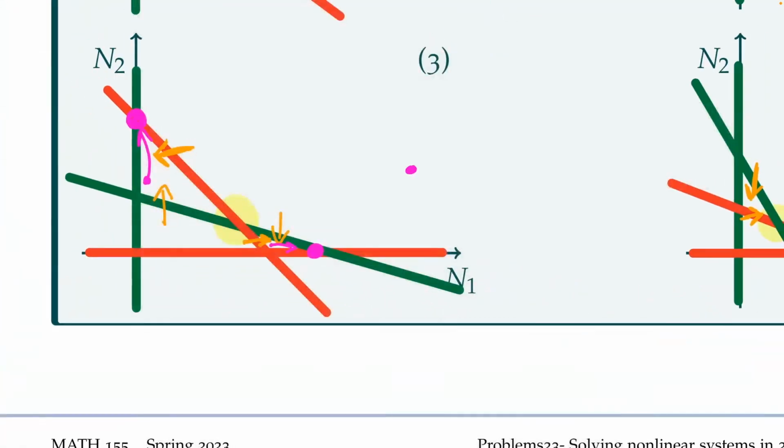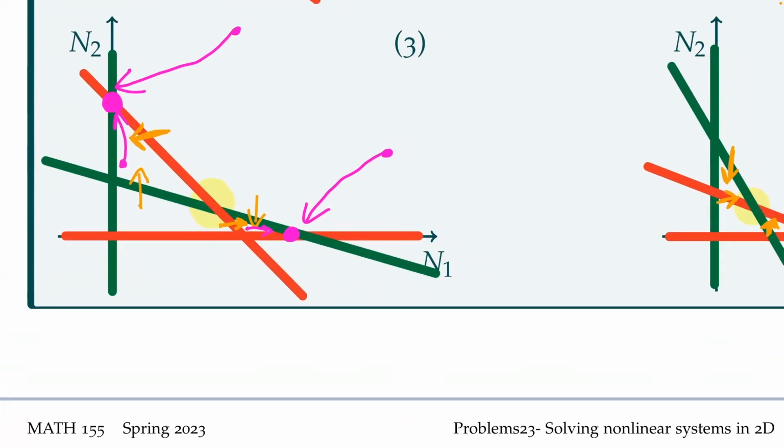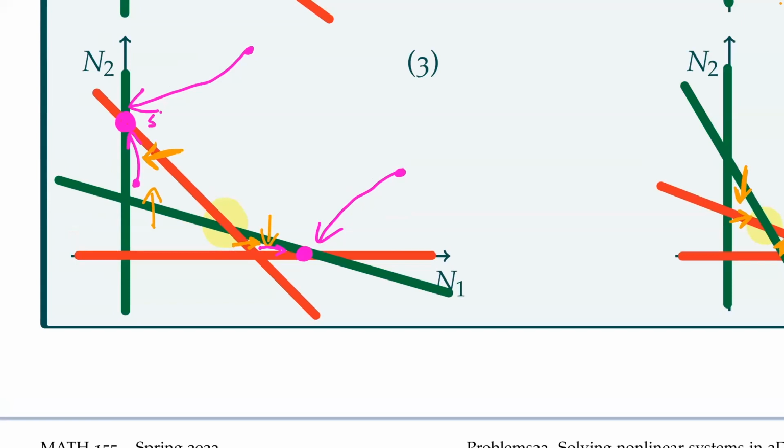Likewise, if we start over here, we'll end up moving down here. If we start up here, we end up moving down here. So what this tells us then is we have a stable node here. We also have a stable node here. And this should be an unstable node, if I remember rightly, in the middle. So coexistence is not stable in this case.